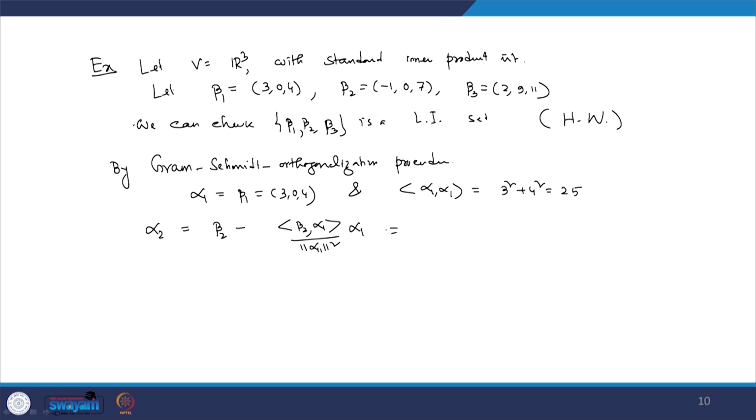So, this is equal to minus 1, 0, 7 minus inner product of beta 2 and alpha 1. Inner product of beta 2 and alpha 1 is basically minus 3 plus 28, so it is equal to 25. So, 25 by 25 into alpha 1, that is 3, 0, 4. So, this is equal to minus 4, 0 and 3.